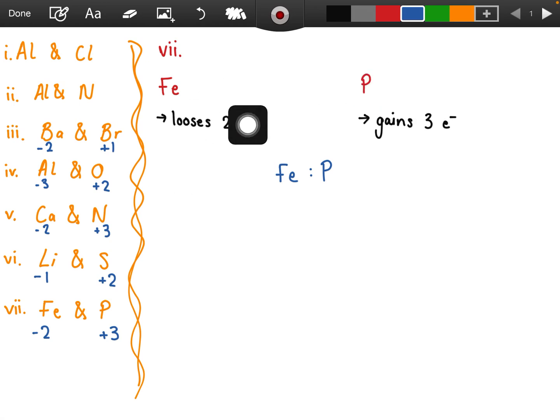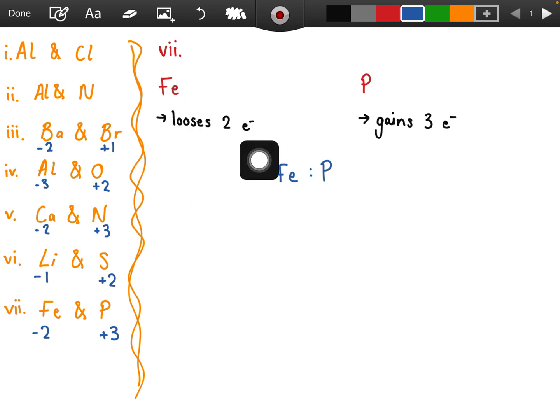No, that can't work. Could it work if we got 3 irons and 1 phosphorus? 3 iron atoms would want to lose 6 electrons altogether, and 1 phosphorus atom would only gain 3 of those 6. So it wouldn't really work.